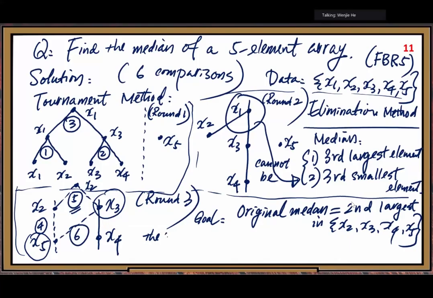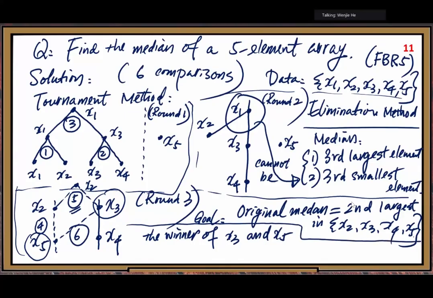The winner of x3 and x5, since they are the direct losers of x2, is the solution. That is the original median.